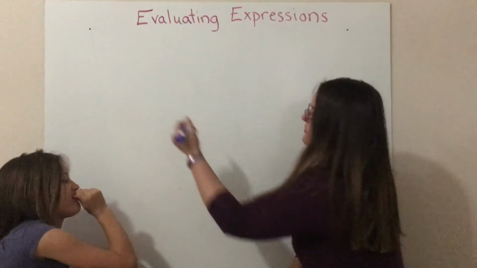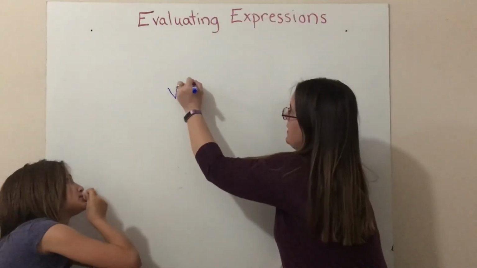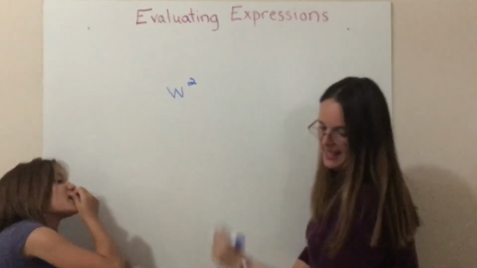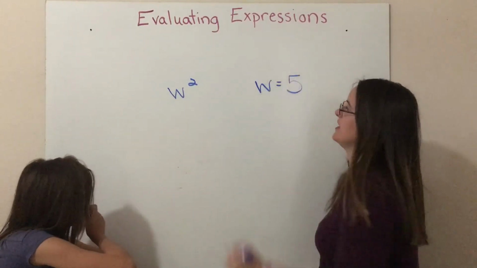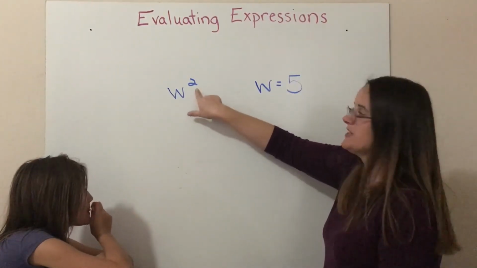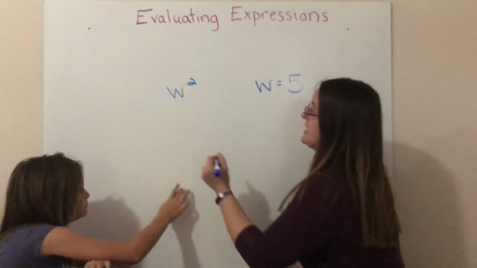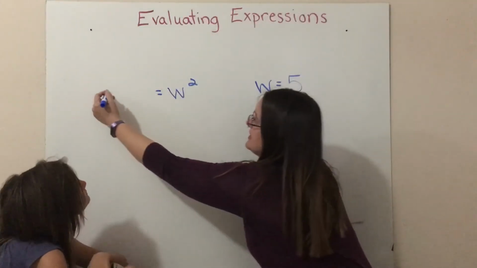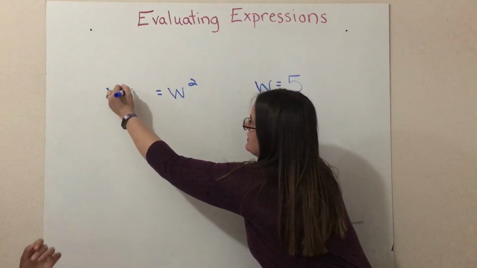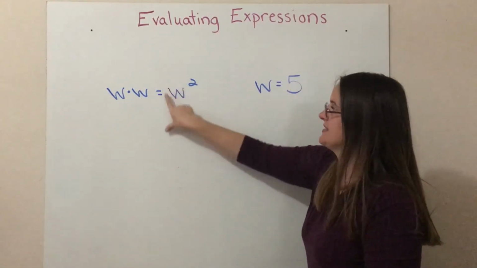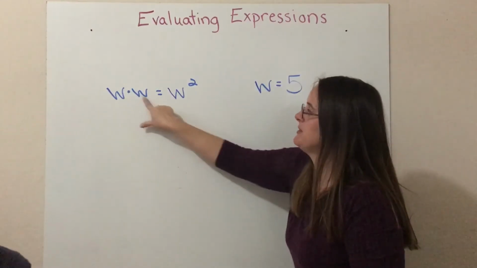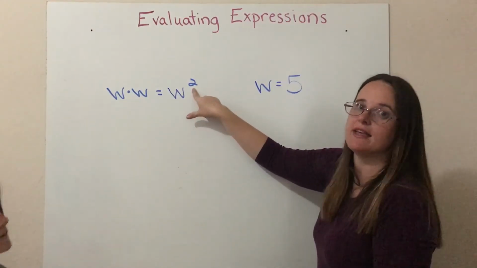What is the value of W squared when W is 5? So keep in mind, whenever we square something, what we're saying is that we want to know what W times W is. We take the base, this is called the base, and multiply it times itself 2 times.